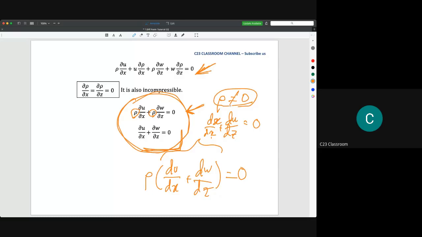If the density is equal to 0, it means there is no element, no fluid, no mass at that location. So the only parameter that can be 0 is du dx plus dw dz. This is a plus symbol, so if the velocity gradient is negative, we could achieve the value of 0.